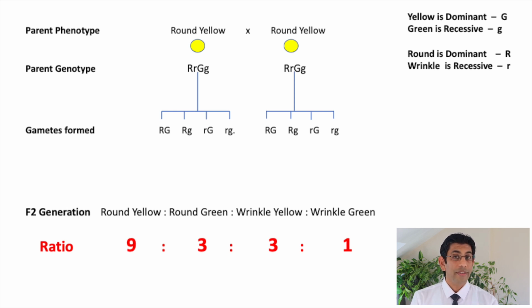Please note, this is a theoretical ratio. In reality, this ratio can deviate from its values. There are a number of reasons for that. Independent assortment, crossing over, or even mutation can cause this change. The other important thing you need to note in genetics is that the ratio we apply is for every single fertilization. It's not an overall ratio.